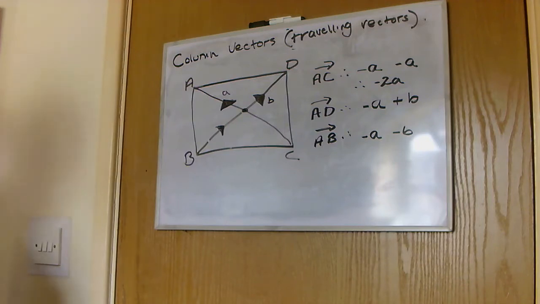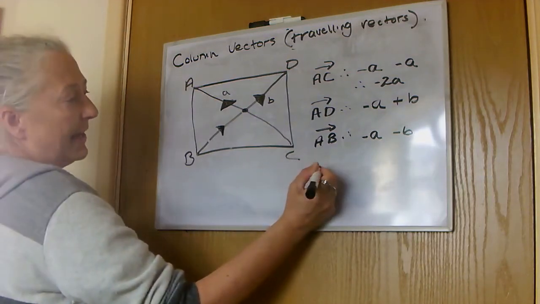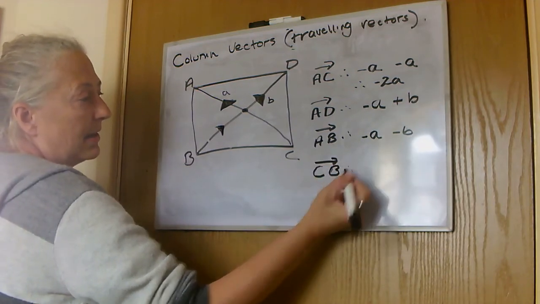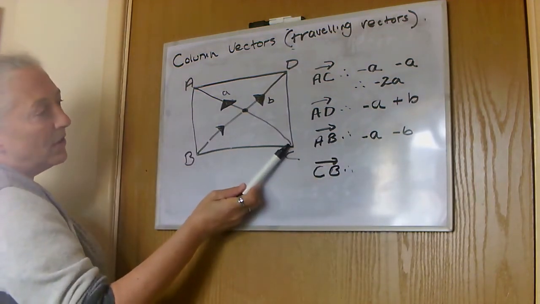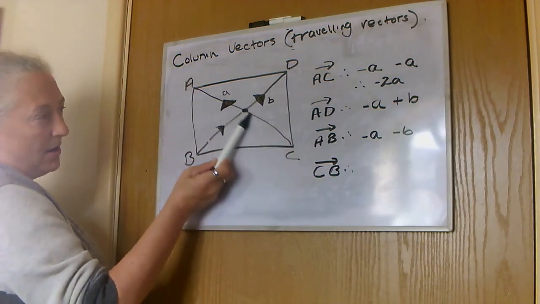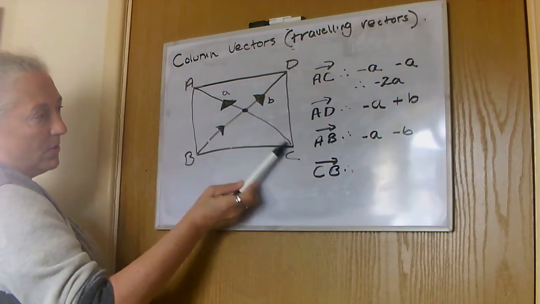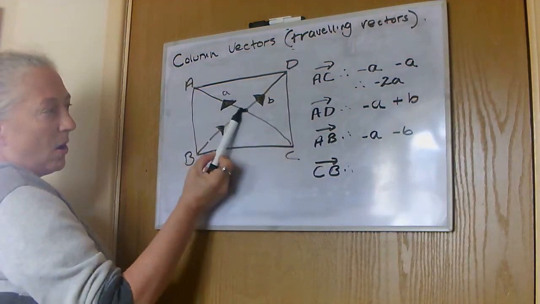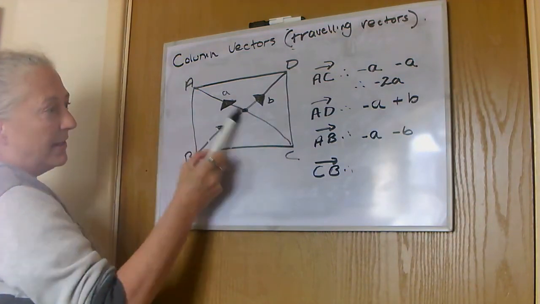We could start from C. We could start from C to B. So C, look, I'm travelling the right way now. One lot. But I'm travelling a negative, so it's 1A, because I'm on the A line.